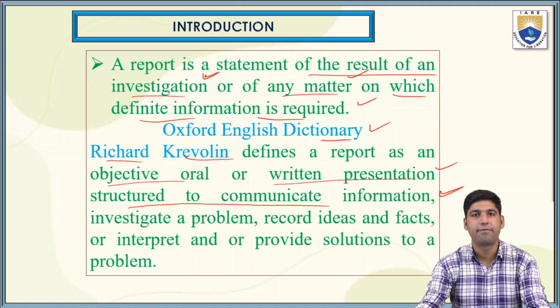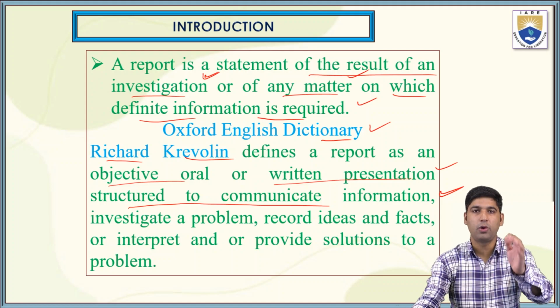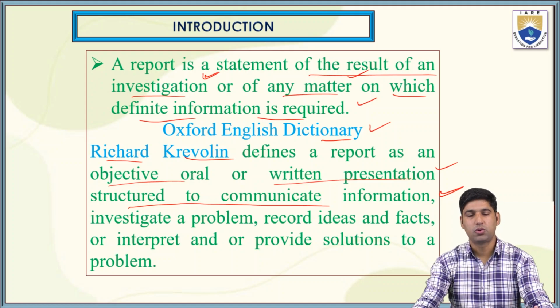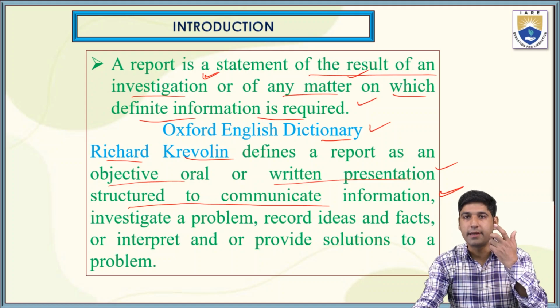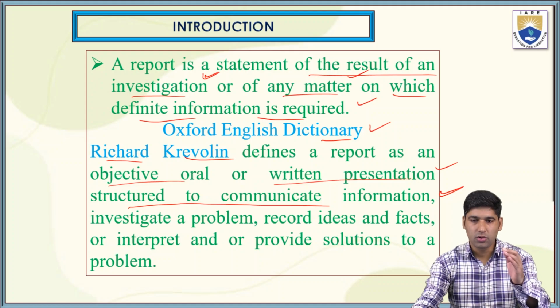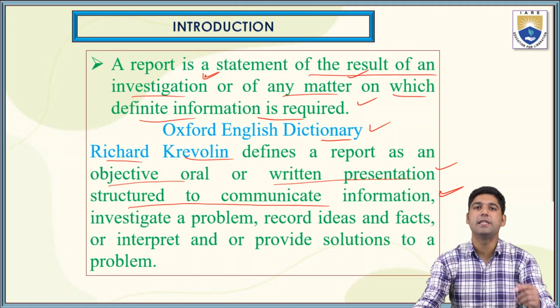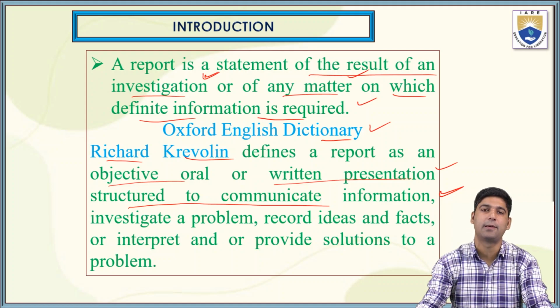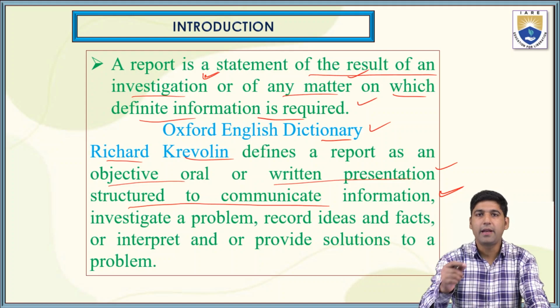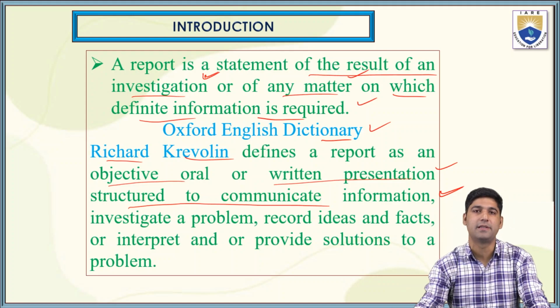For example, if any program has happened anywhere, we are supposed to write the report on that program, so that the people who have not attended the program can reach it, and at the end we can see what different activities have been conducted in that program. So we require reports for those purposes.